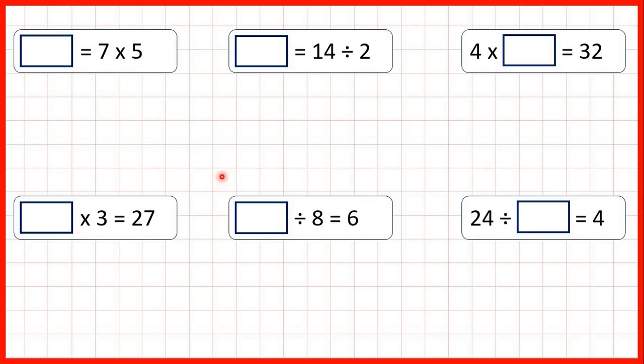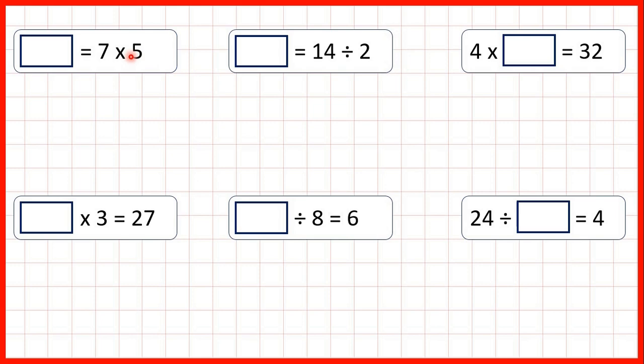Now here we have some missing number division and multiplication problems. But these first 2 problems aren't really missing number problems at all. And that's because all we have on this side of the equal sign is an answer box. And it doesn't matter whether the equal sign comes at the start of a calculation, like it does here, or at the end, like it usually does, we do the same thing.